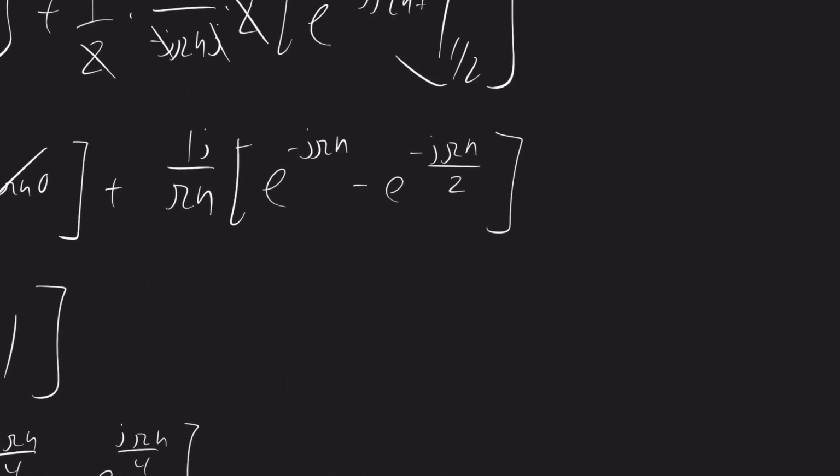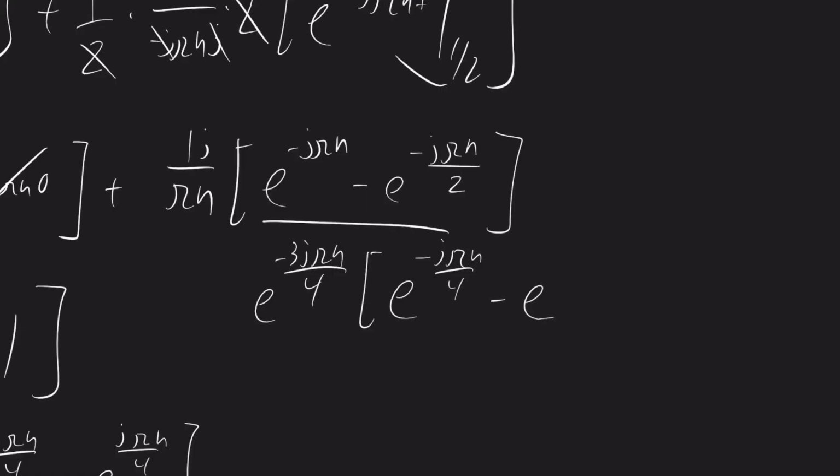Next, we can worry about this second term. From here, we can factor out an e to the negative 3j pi n over 4. That'll be multiplied by e to the negative j pi n over 4 minus e to the positive j pi n over 4. And that's going to be all times j over pi n.